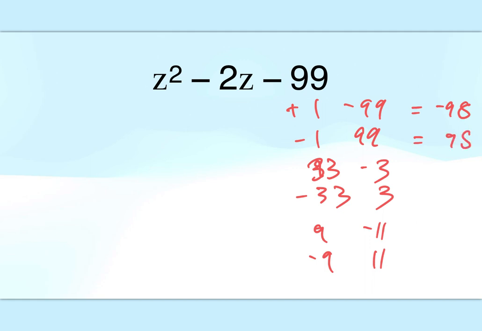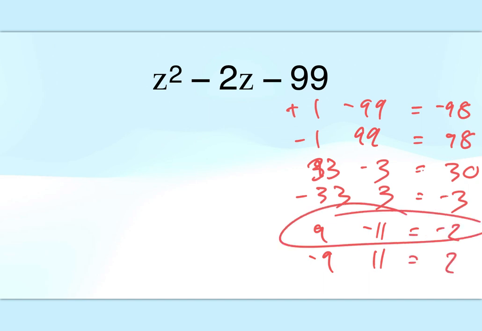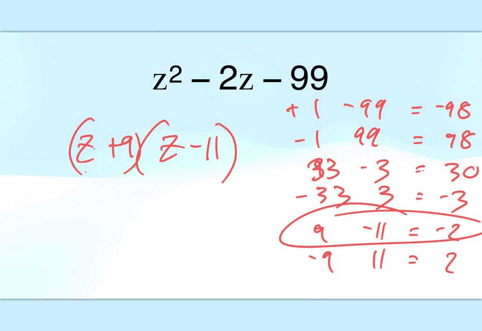These add to 98. These add to 30. These add to negative 30. These add to negative 2. This adds to positive 2. There's my answer. Z plus 9, Z minus 11. So remembering your multiplication tables through 12, honestly, can help simplify and make things go quicker in that process.